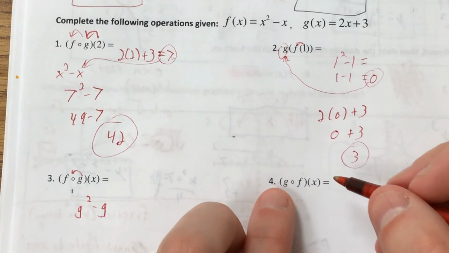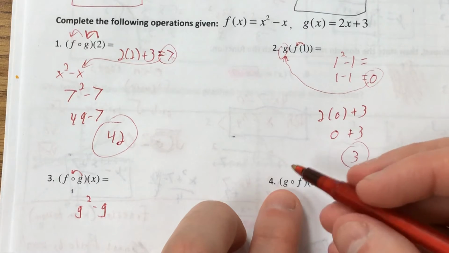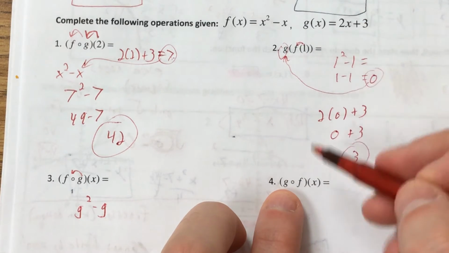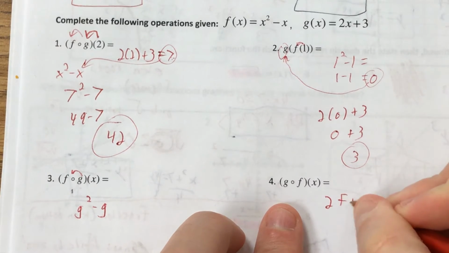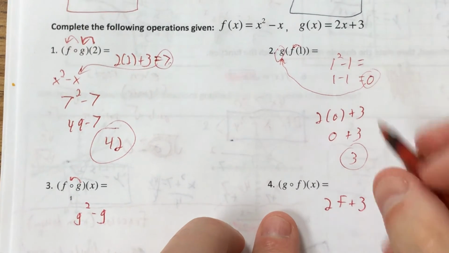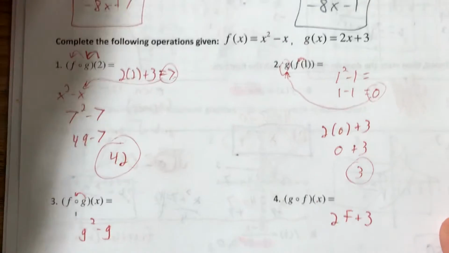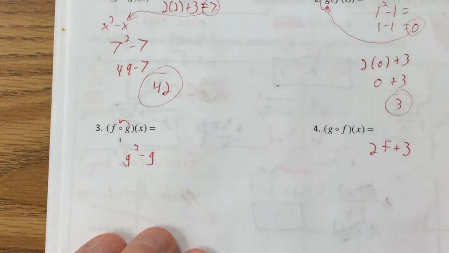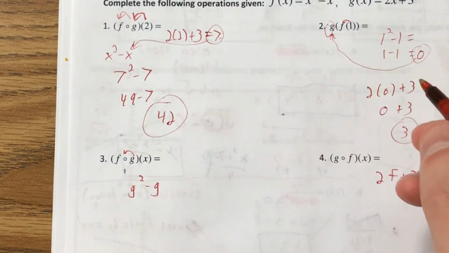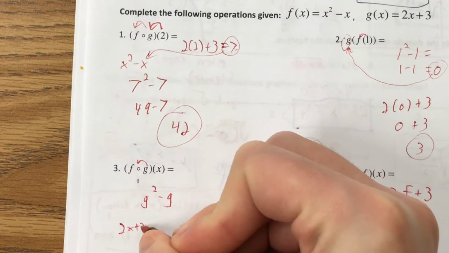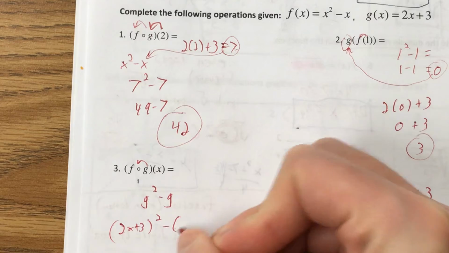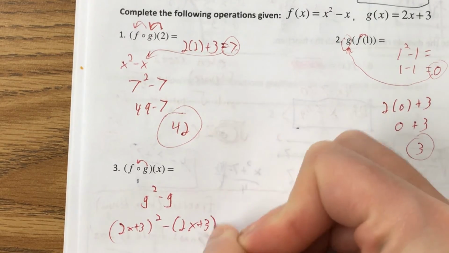For this one, it would be the opposite. If you have g, you would start with g, and then you'd put f where it is. So it would be 2f plus 3 is how you would write that out. And then you look and say, well, g was 2x plus 3. So it would be 2x plus 3 squared minus 2x plus 3.